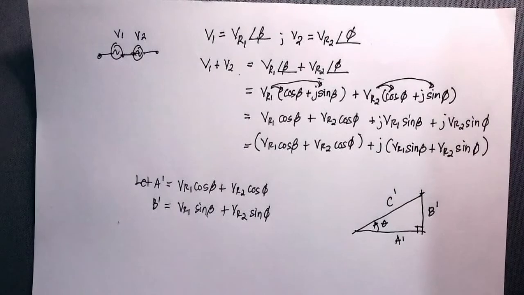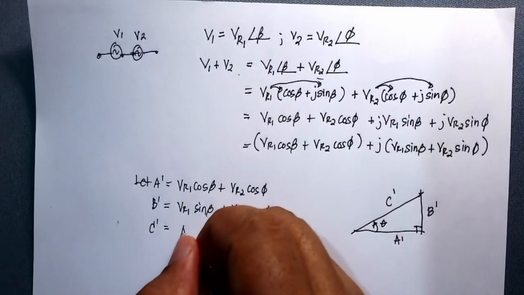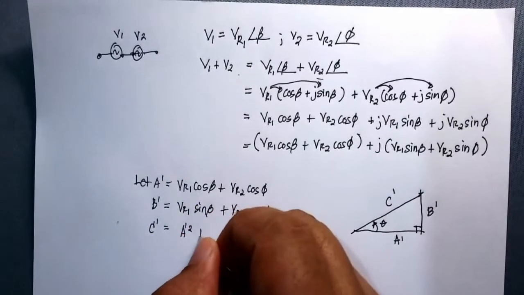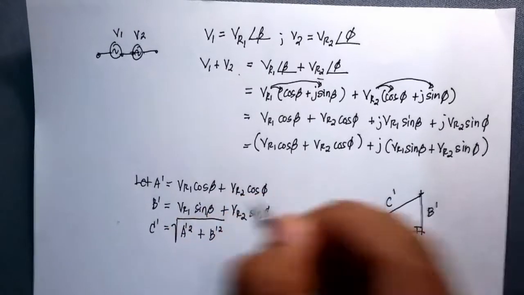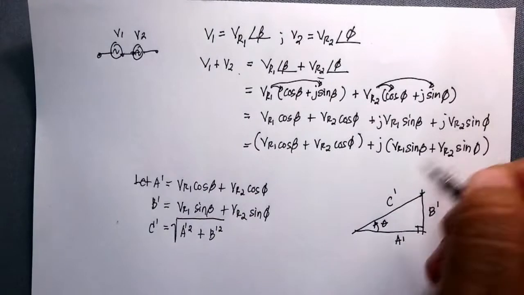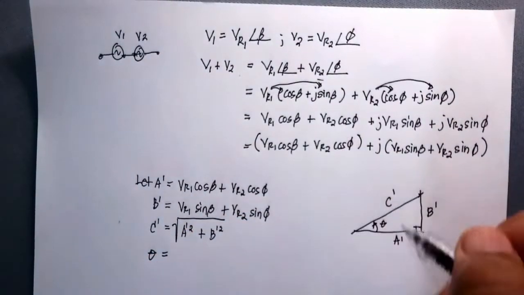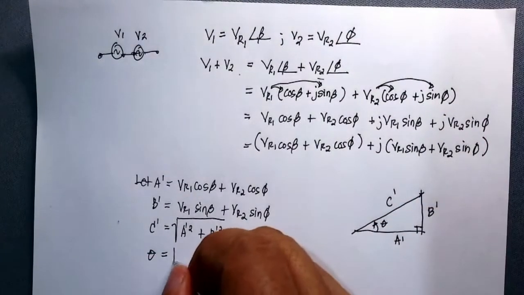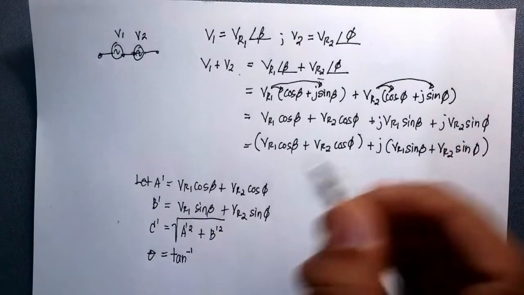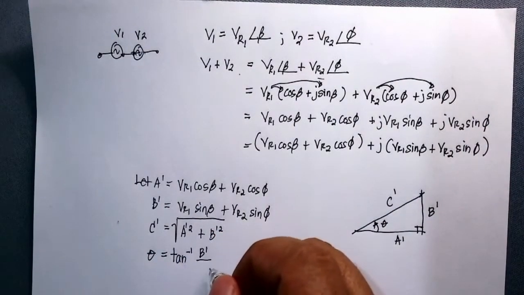Therefore, to get your C prime, you just take the square of A prime plus the square of B prime, and you take the square root of that. You can also solve for theta, your new angle, based on A prime and B prime. So theta is the inverse tangent of B prime over A prime.